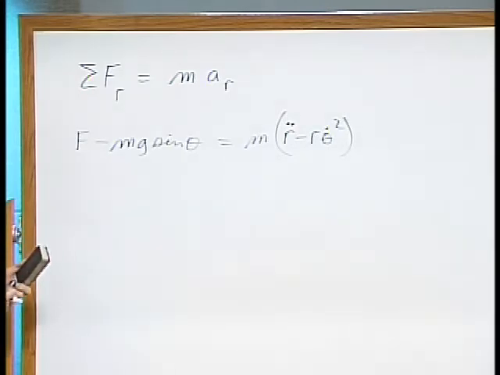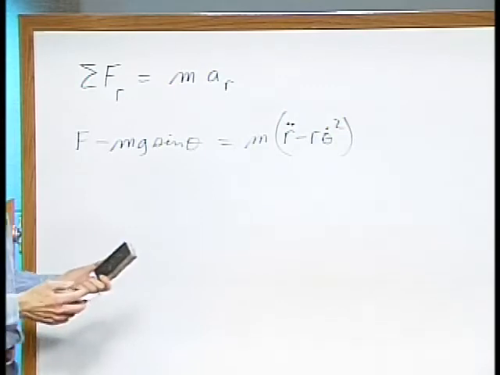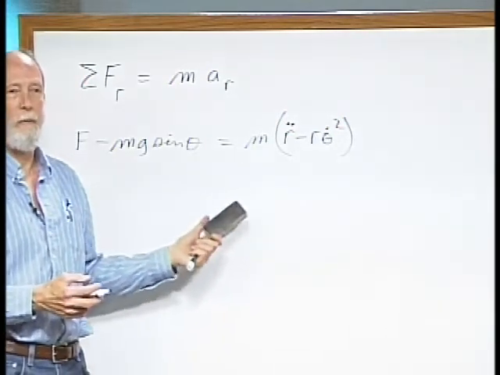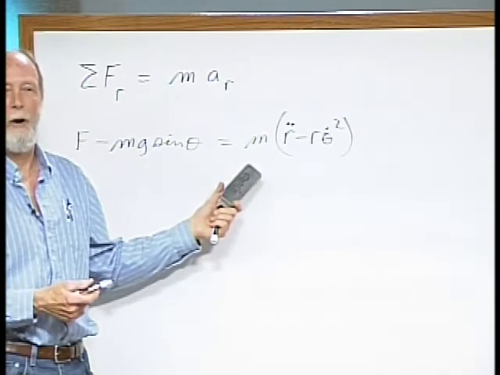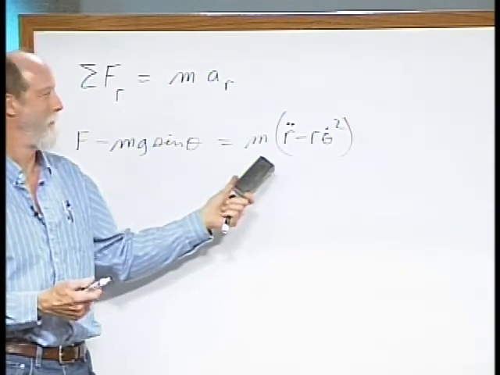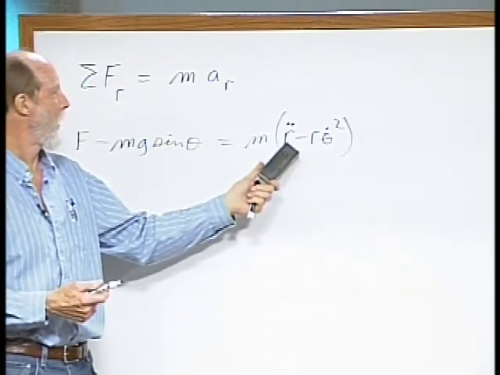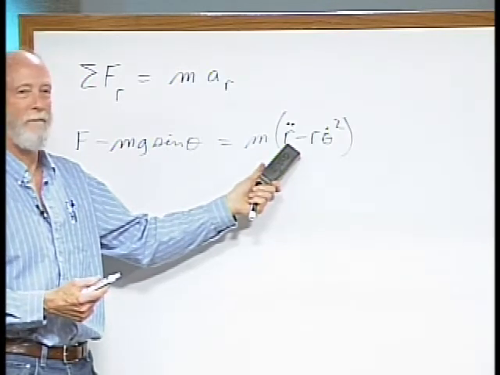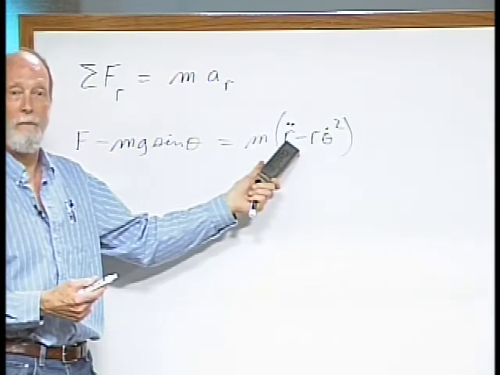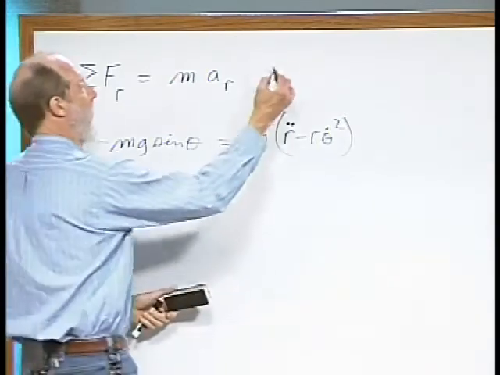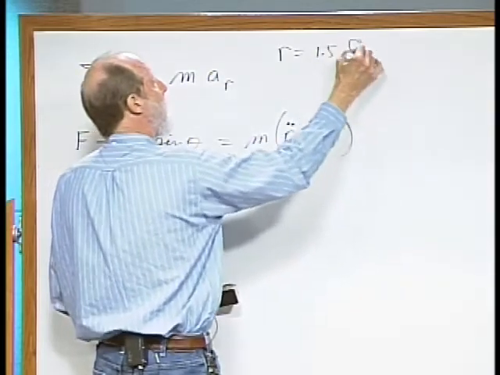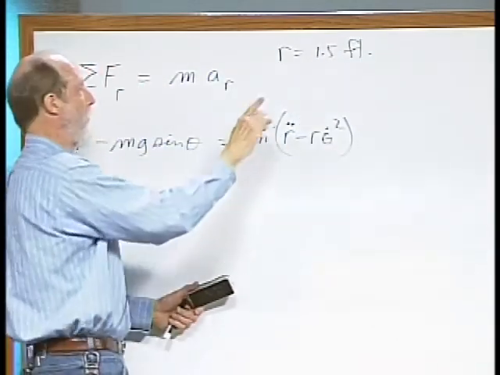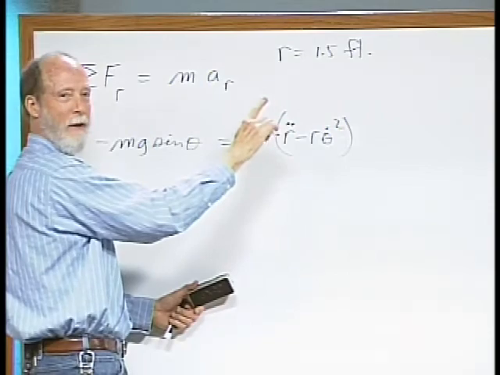Okay. Somebody help me out. Somebody from the silent majority, people that don't talk too much in class. Speak up. About r double dot. Zero? It's constant. Let's see. r is 1.5 feet, but this thing isn't moving, right?